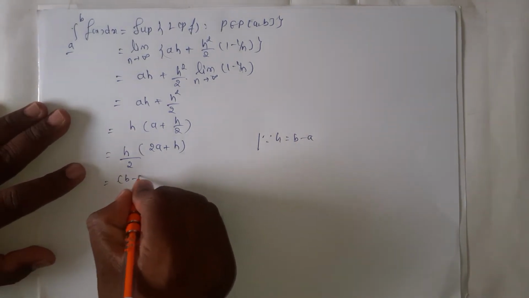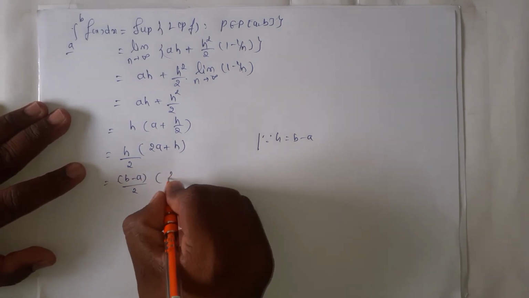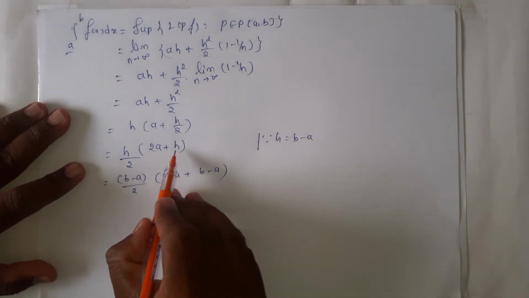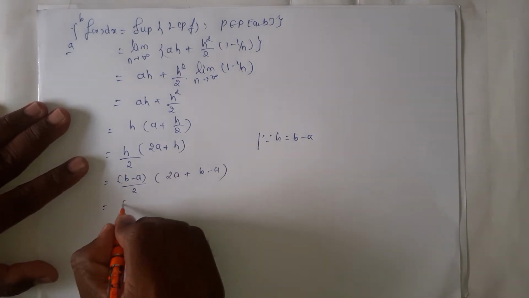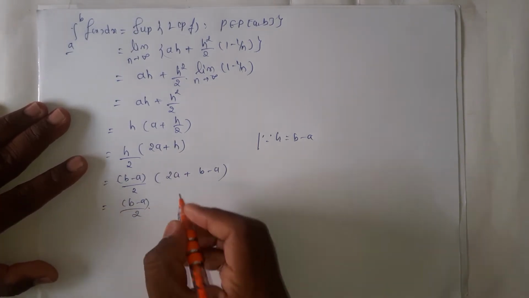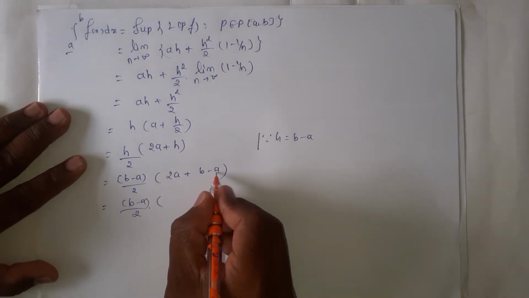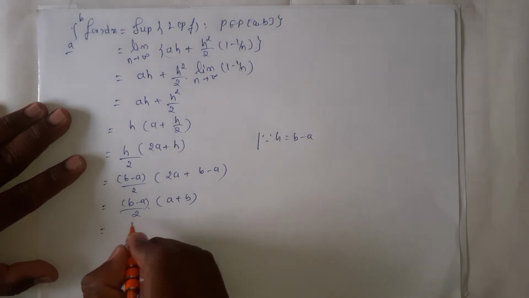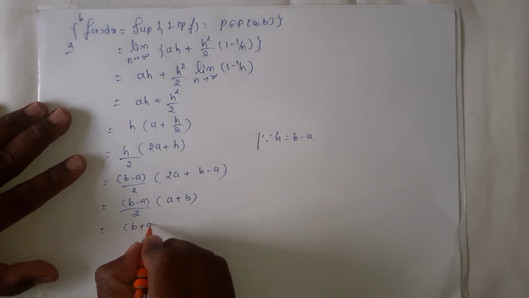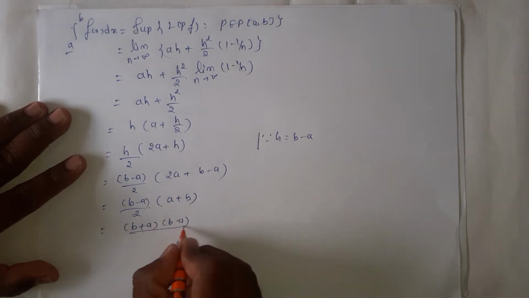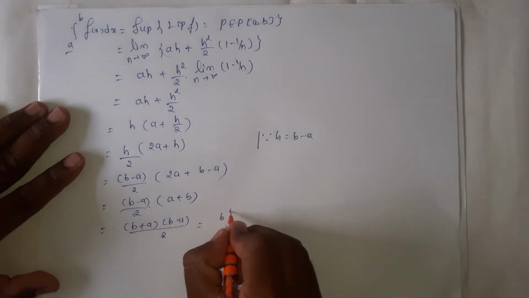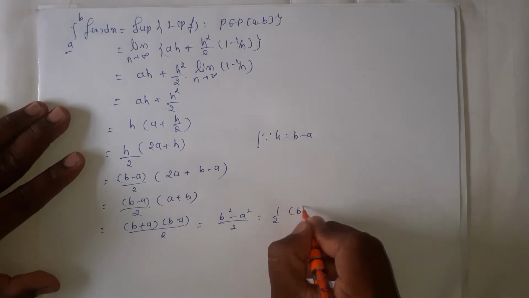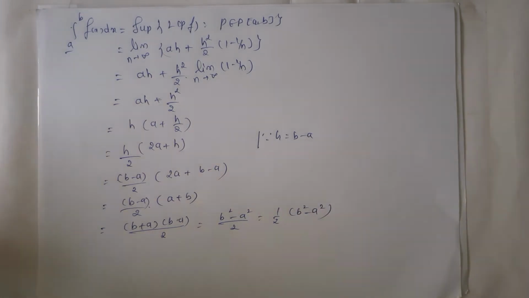So therefore this one is b minus a divided by 2, then 2a plus b minus a, because h equal to b minus a. Then it is b minus a by 2. Now 2a minus a, that is a plus b. So therefore we can write this one as b plus a into b minus a divided by 2, which is equal to b square minus a square divided by 2, or 1 by 2 times b square minus a square.